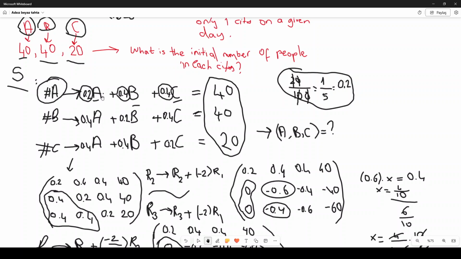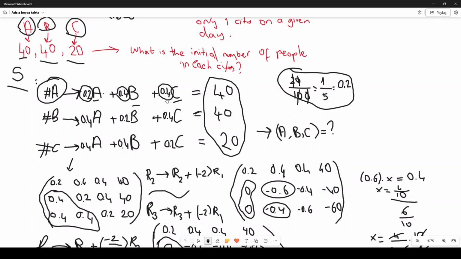So if I don't know the number of people at that moment in city A, but I know the rate of change, so 20% contribution, right? 20% of the people in A contributes to the total number of A on that given day. How about B and C?